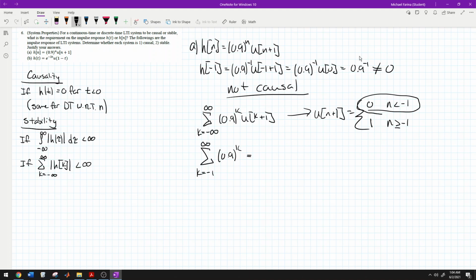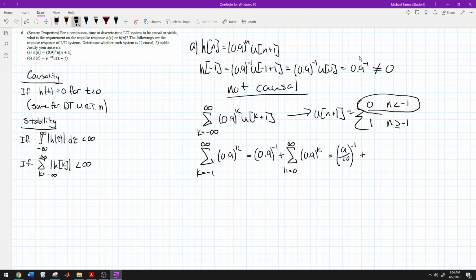If we take out this first term, we do 0.9^(-1) plus, and then we pick up our sum again, k equals 0 to infinity of 0.9^k.